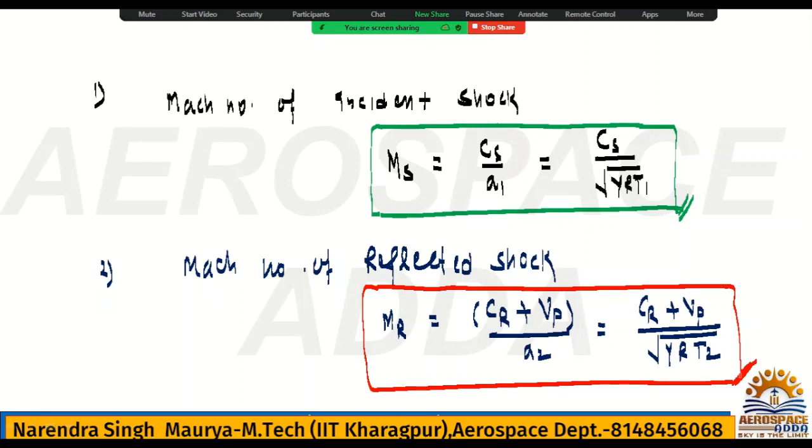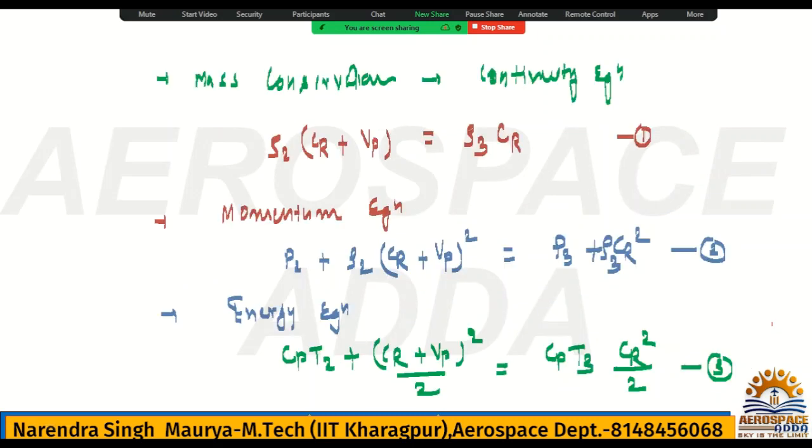One more formula. This is equation number 1 and this is equation number 2, along with the governing equations. You can name the governing equations A, B and C, or anything, it's your choice.